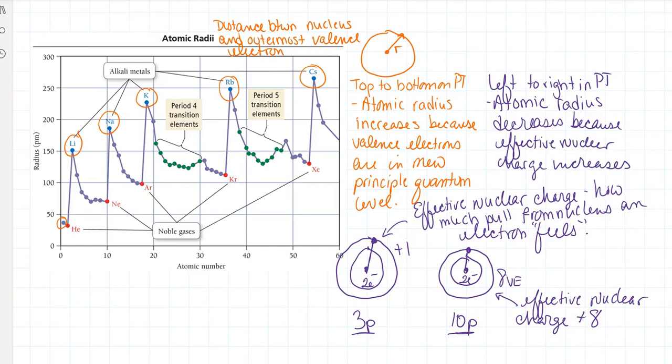So these are kind of the two general trends that we take a look at when we talk about atomic radius. Now you'll notice there are a couple exceptions as a result. So let's take a look at some of these exceptions. For example, when we take a look at our second family here, we're going to zoom in a little bit.